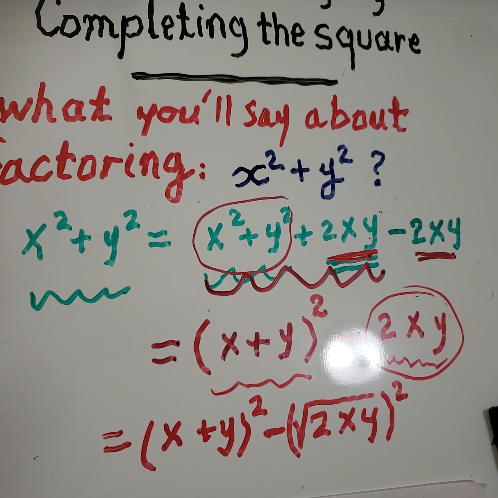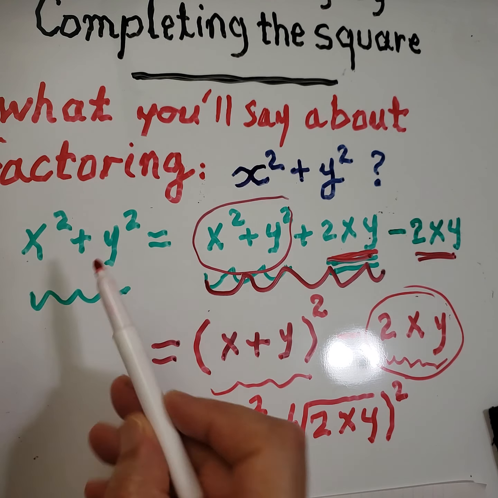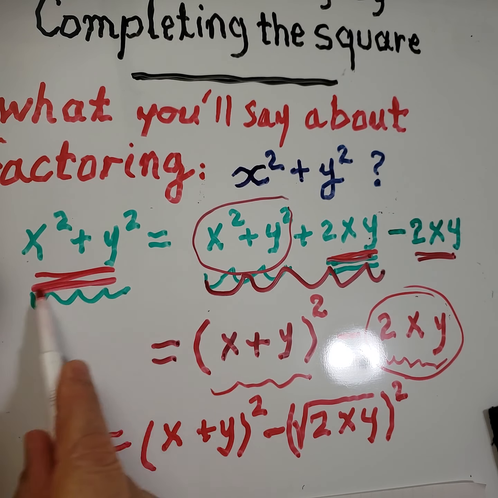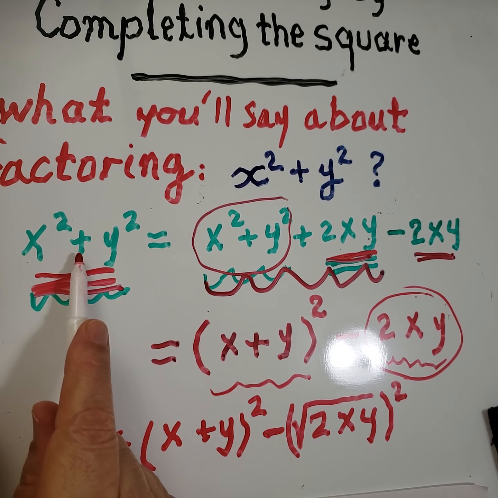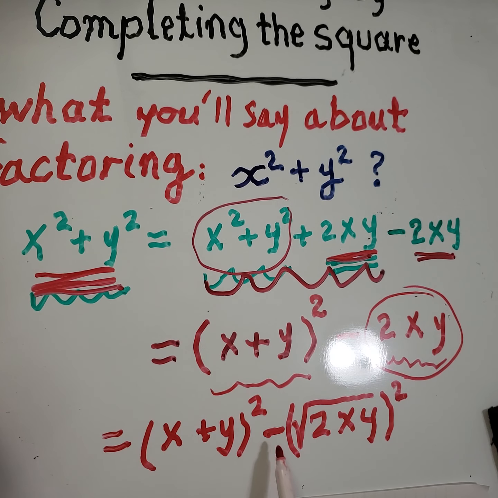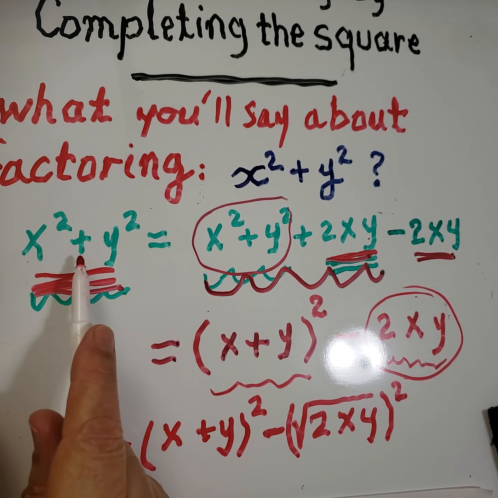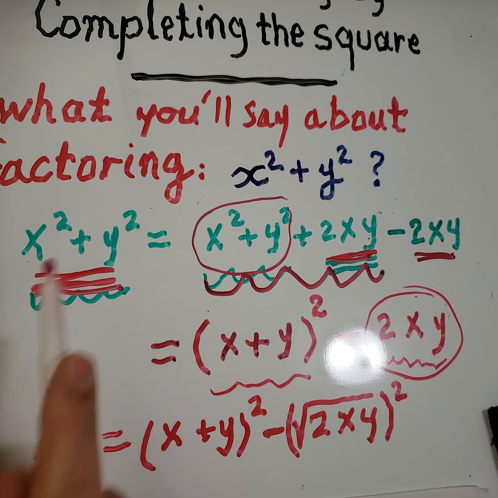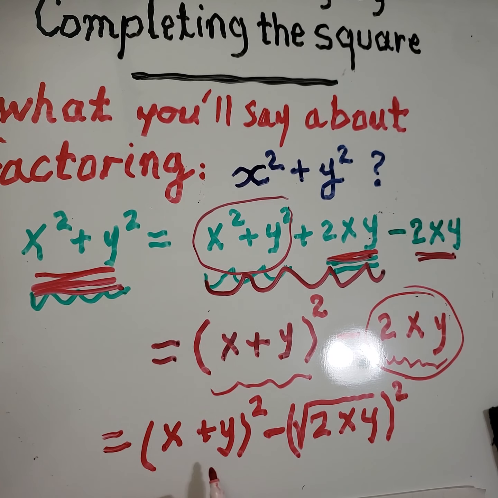You see? So now we change this form from adding two squares to a difference between two squares. Then we apply the rule of factoring for difference between two squares.